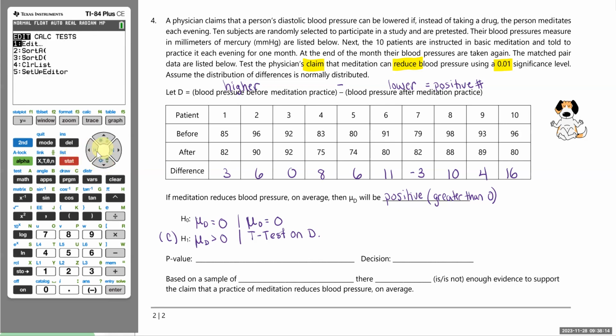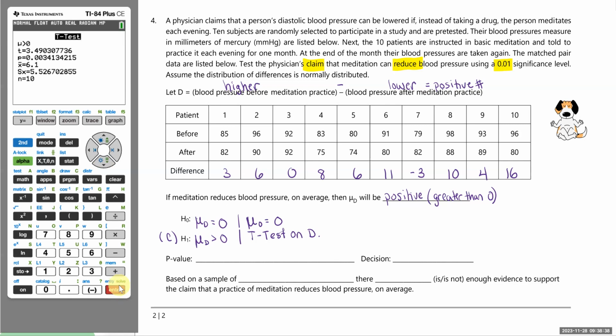And then when I do my t-test, data, now I do have to switch back to L1 there. That's where I put my differences. This one is a right tail test. And I'm going to go calculate again. You can always do draw.